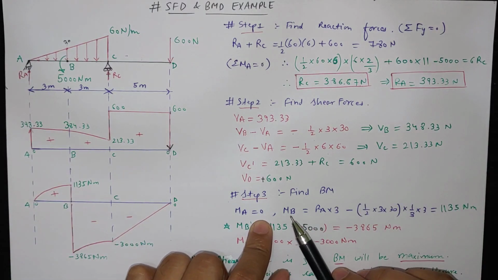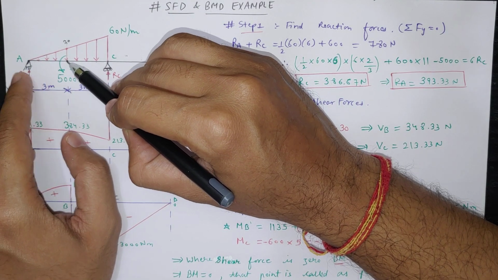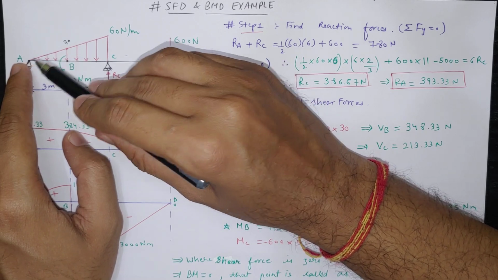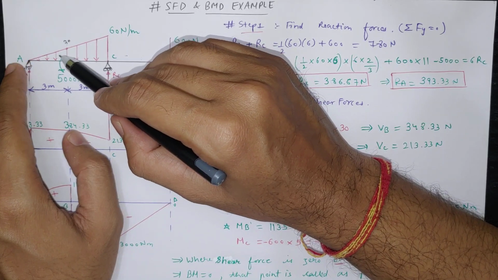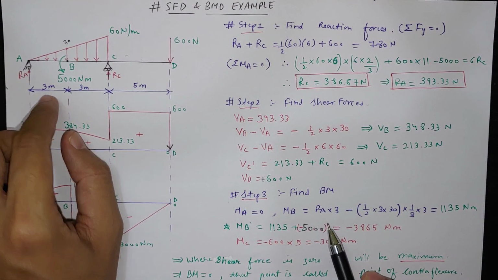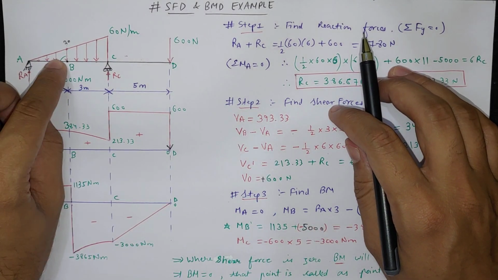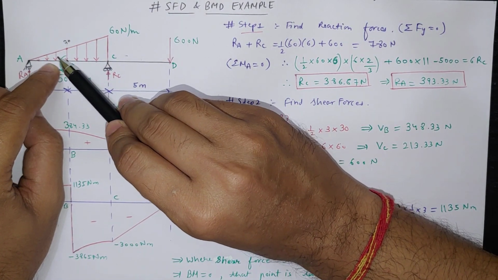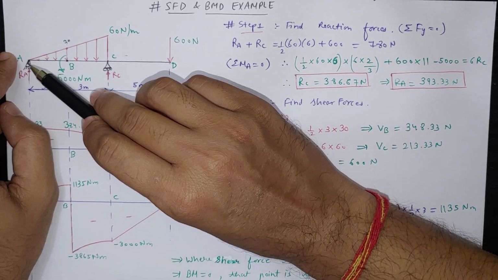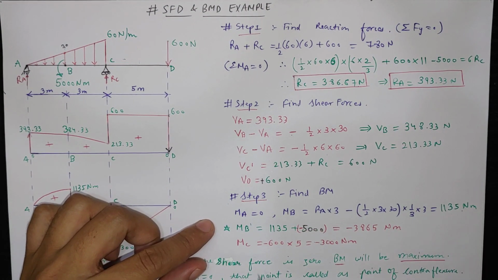Now at B point, if we take the bending moment, it is RA into 3 meter minus half into base into height, half into 3 meter into 30, at a distance of 1 by 3 from the B point, because B is on the bigger side, so the concentration of this force will act at 1 by 3 of this length. So this comes out as 1135 Newton meter.